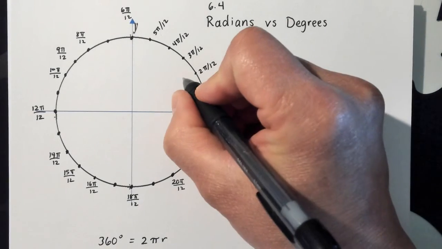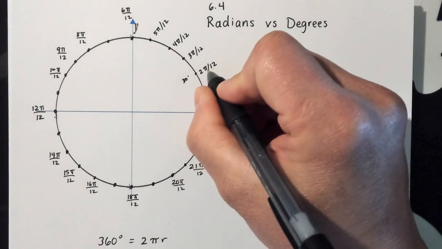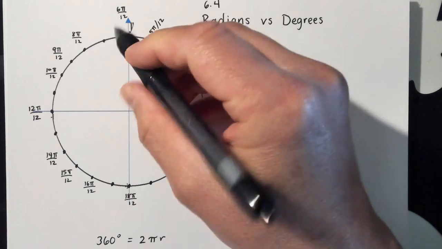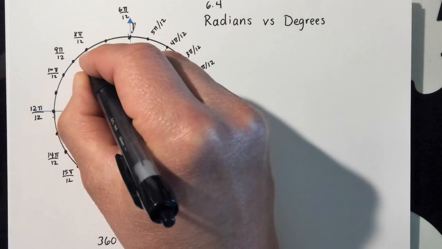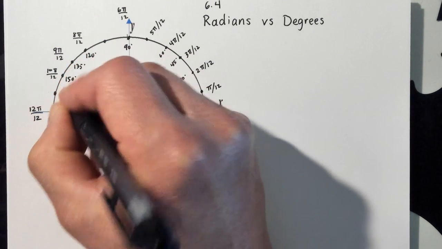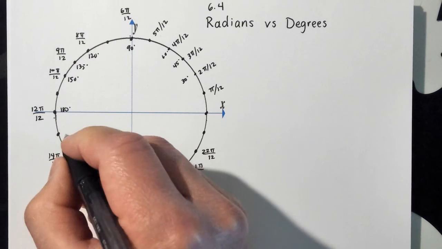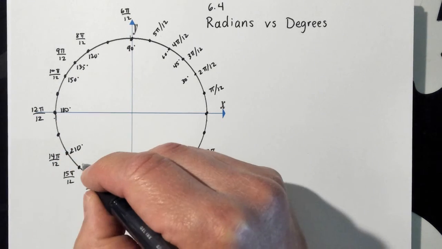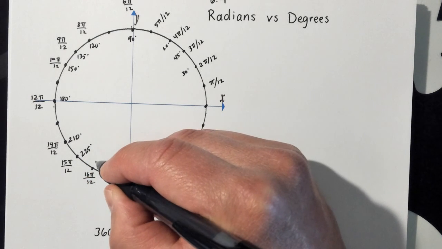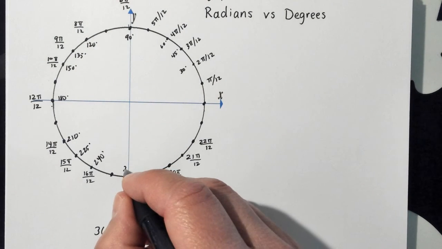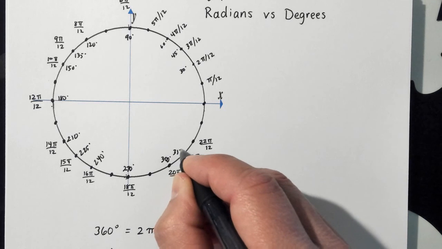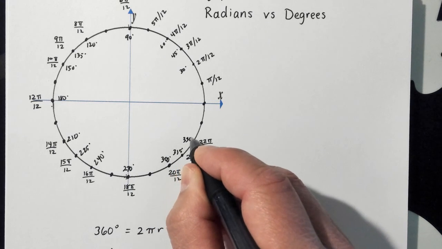We know that this is 30 degrees right here. 30 degrees is equal to 2 pi over 12. 45. 60. 90. 120. 135. 150. 180. 210, I almost messed up in pen. 225. 240. 270. 300. 315. 330.